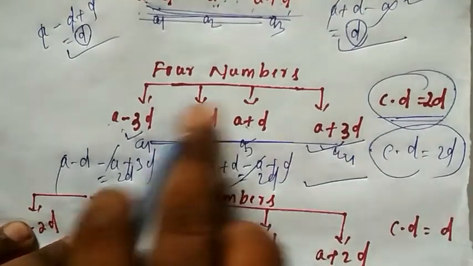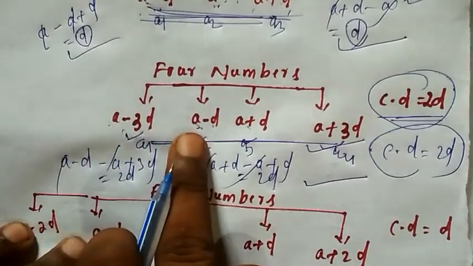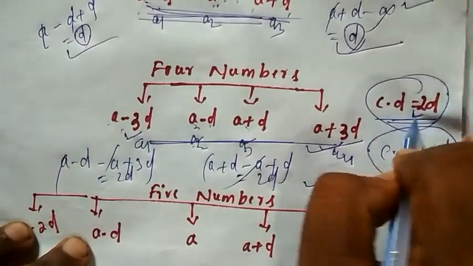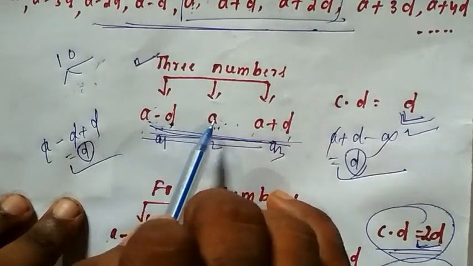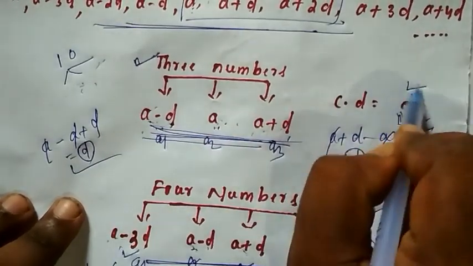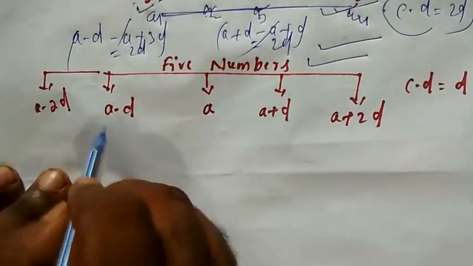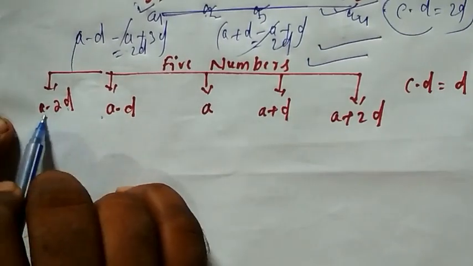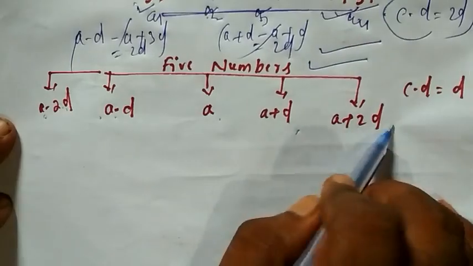Remember, while selecting four numbers, they are A minus 3D, A minus D, A plus D, A plus 3D. Here the common difference is 2D. But while selecting three numbers as A minus D, A, A plus D, their common difference will be D. Similarly, while selecting five numbers, they are A minus 2D, A minus D, A, A plus D, A plus 2D.